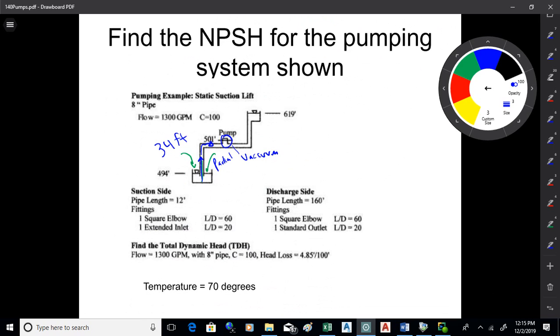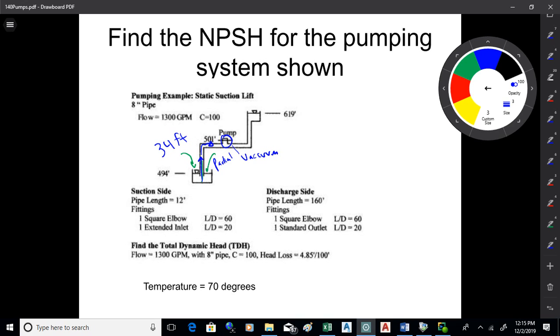And what's going to push back is something called the vapor pressure, which I don't know if you remember when we went over this briefly, but we did. And there's a table that will tell us what that vapor pressure is. That's back in chapter 1, page 58.